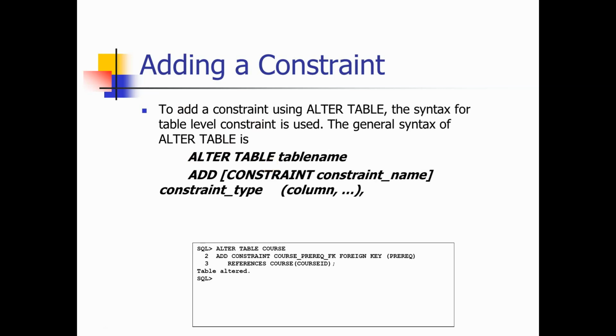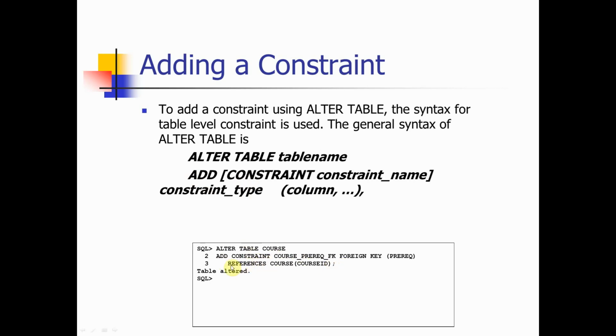In this case, we can say alter table employee. Of course, you need to provide the table name indicating which table you want to make the change to. And because we want to add the constraint, we will say add constraint, and then the whole foreign key constraint needs to be put over there.